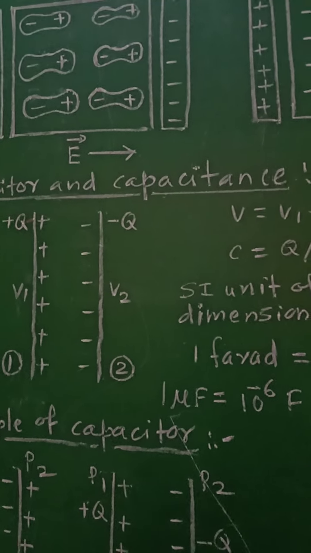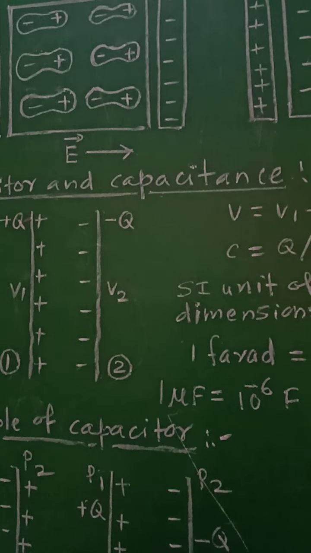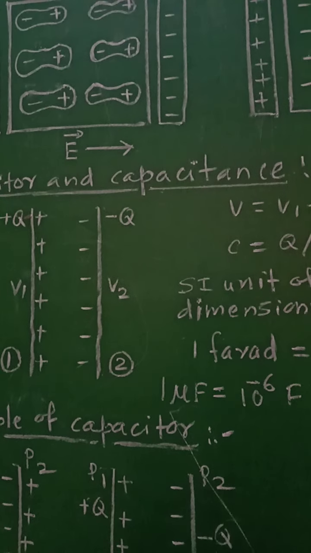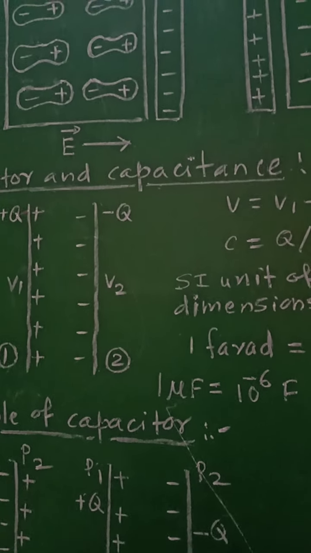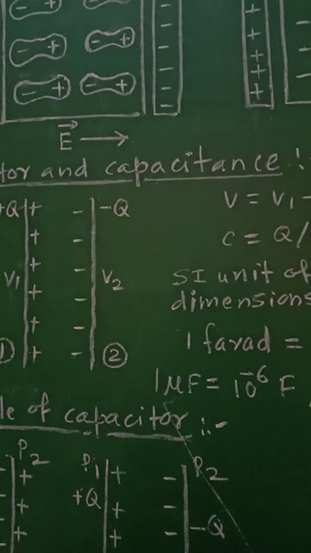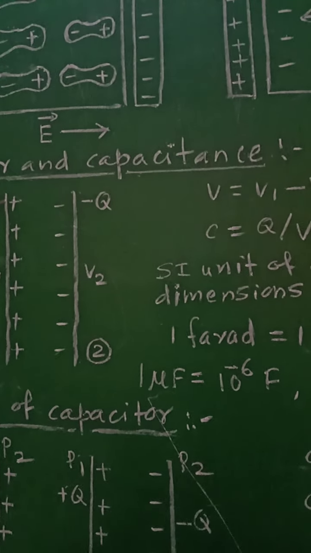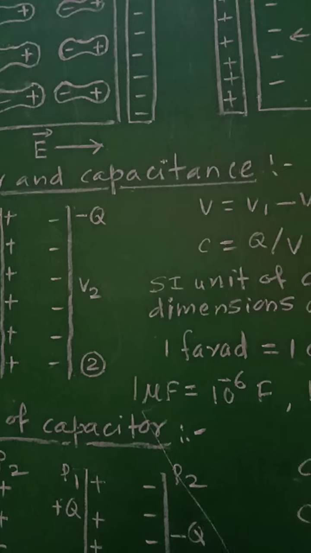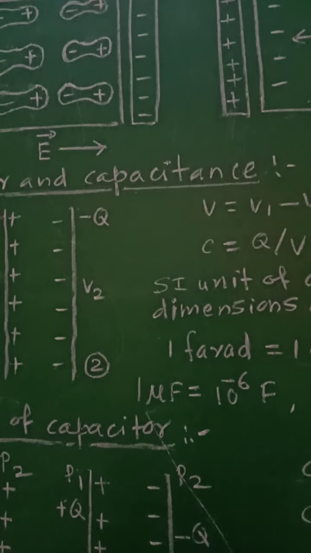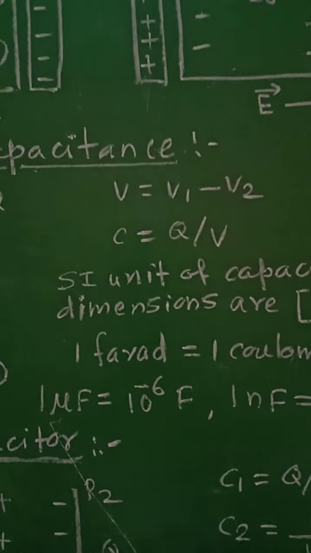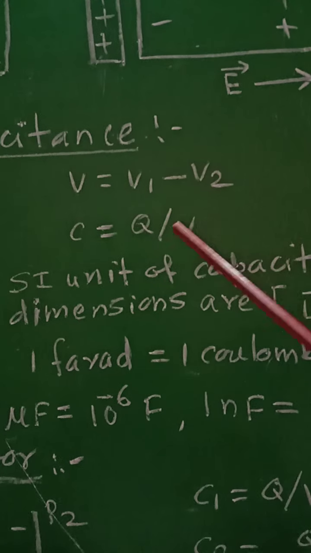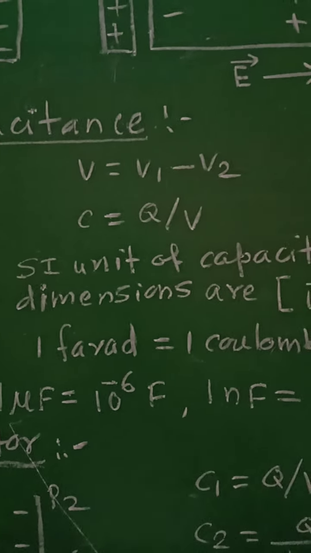As this work done will be proportional to charge q, we can say that phi is proportional to q, and the ratio q upon phi is constant, and that constant is taken as C, and therefore we can write C equal to Q by phi.